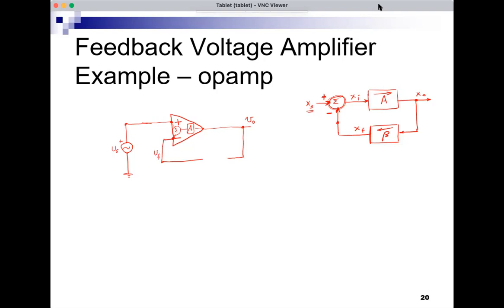So one way to do that is to use a voltage divider. Usually the VF is less than VO. And if I want to divide VO to get VF, like multiply VO by 0.2 or 0.25 or whatever, I can do a voltage divider. So here's a voltage divider.